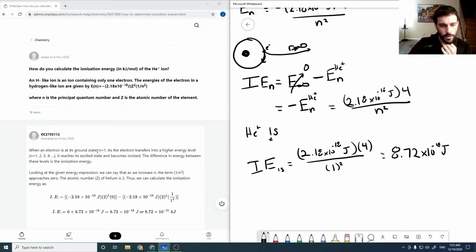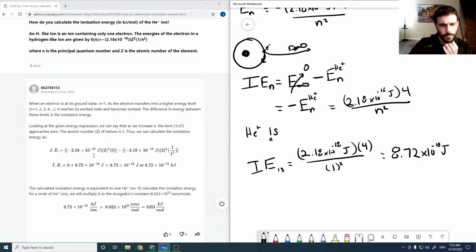So looking through the solution here, it reaches it, it becomes ionized.